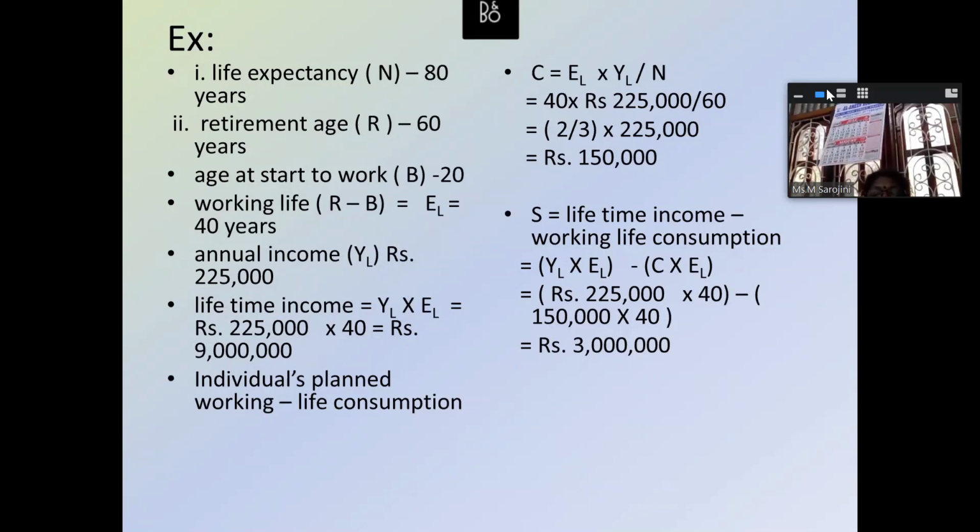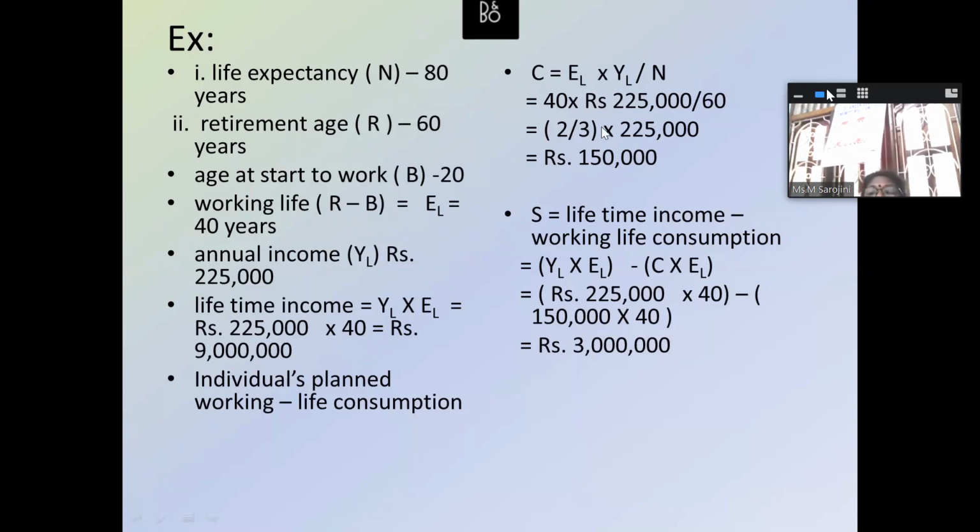Third one, you have to find the annual income. Then you have to find the consumption. Already we defined the equation for consumption. Also we find the lifetime income as well.